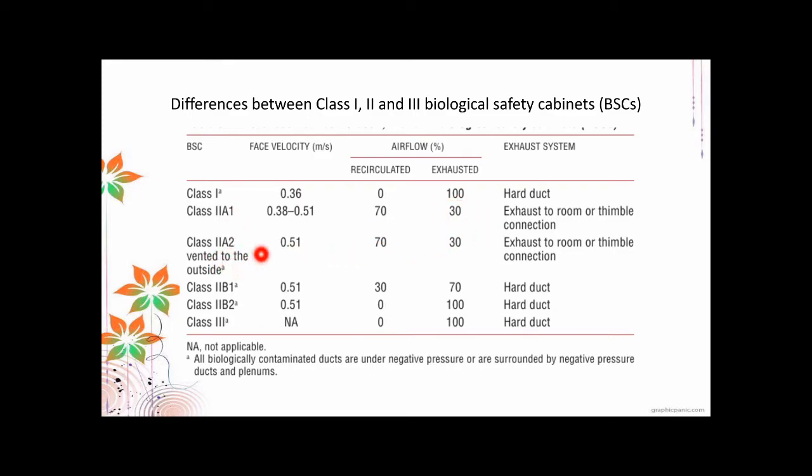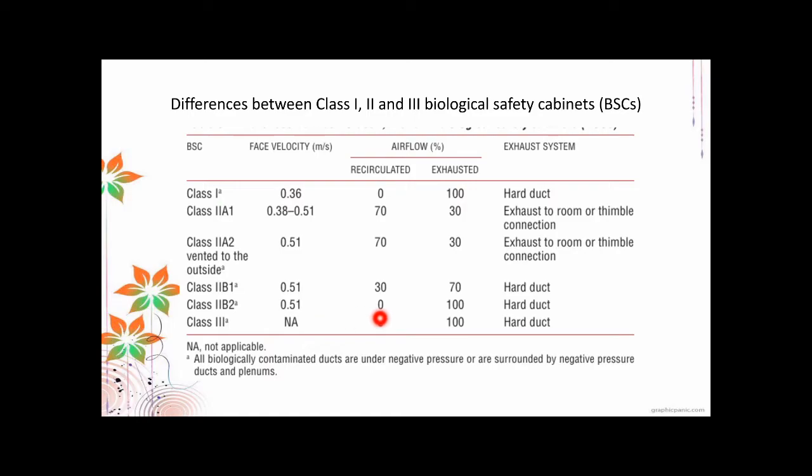One of the main differences between A1 and A2 is the velocity, mostly in the manufacturing makeup of the biosafety cabinets. And then for your B1, 30% of the air is recirculated and 70% of the air goes through the exhaust.